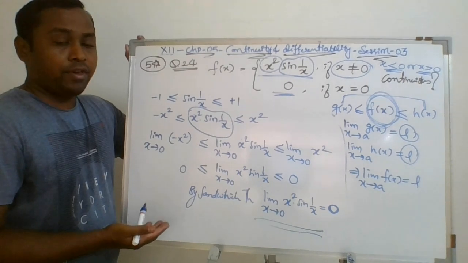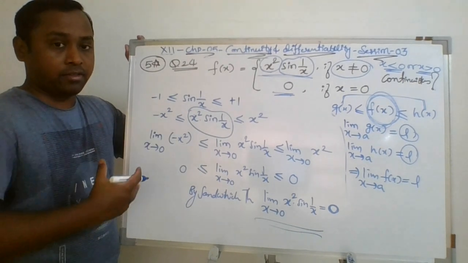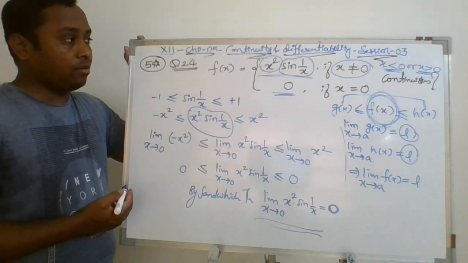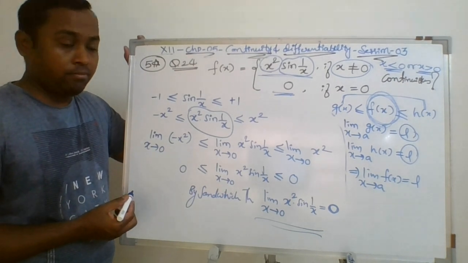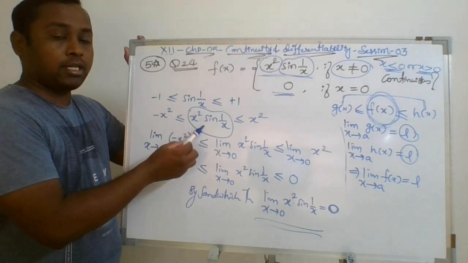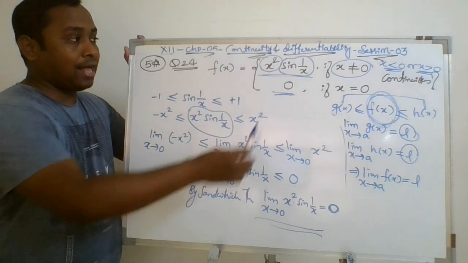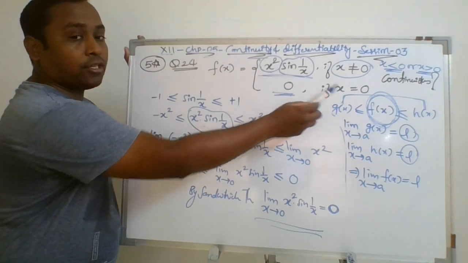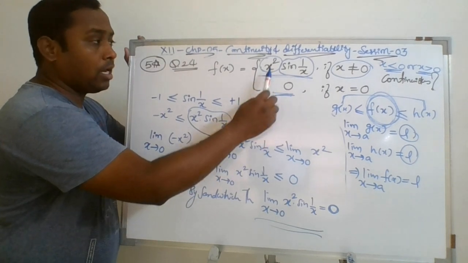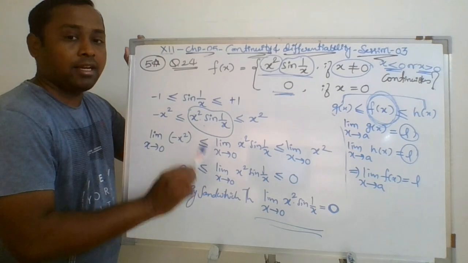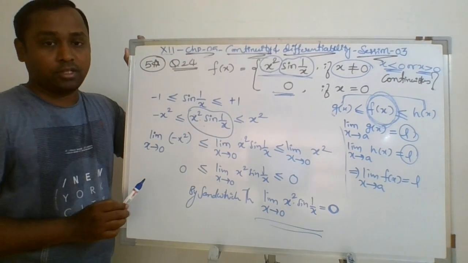That's why we used the previously discussed Sandwich theorem. With its help, the limit of this function approaches 0 as x tends to 0, and the value of the function at 0 is also 0. Hence, the function is continuous at x equal to 0.